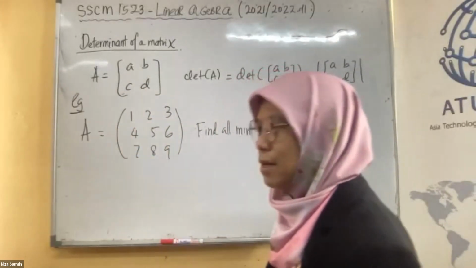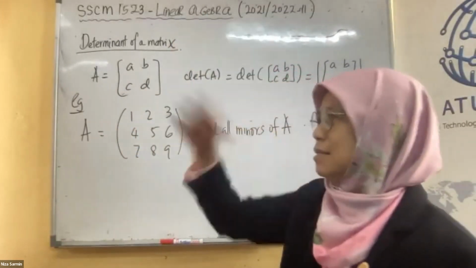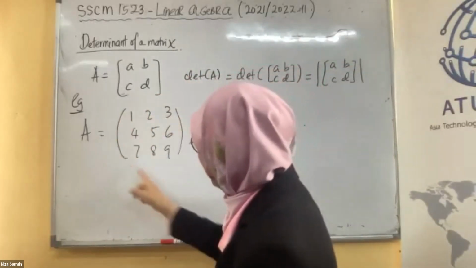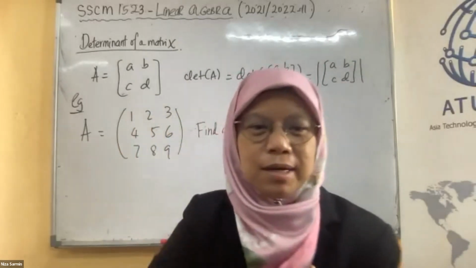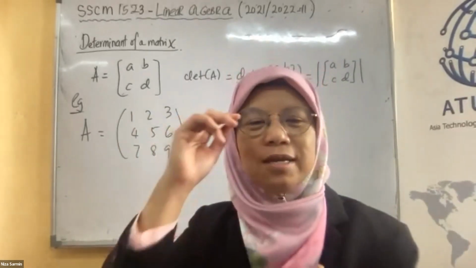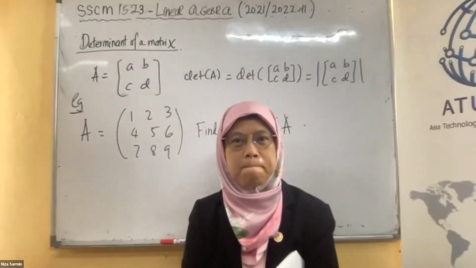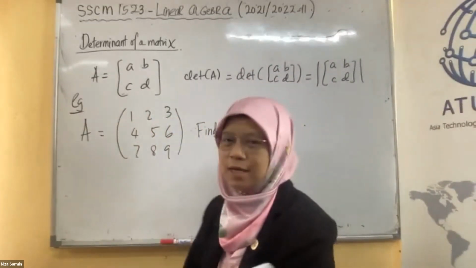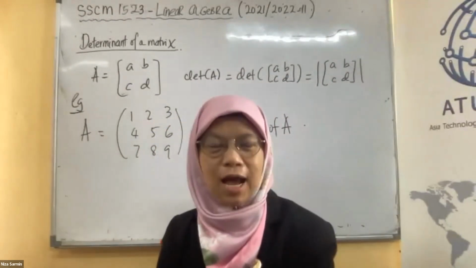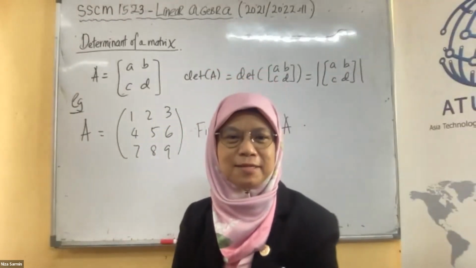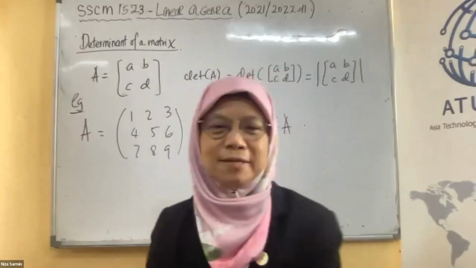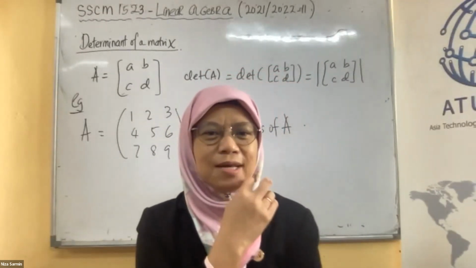How many entries in this matrix? How many? Okay, 9. You see 9. If you have n by n, how many entries? You type.